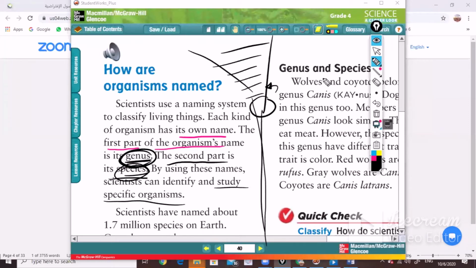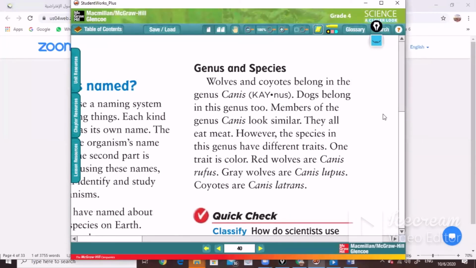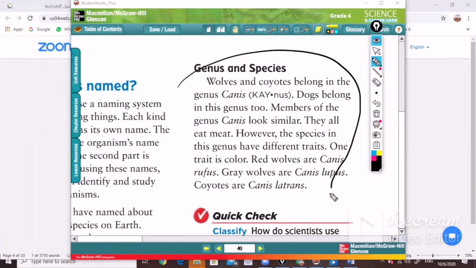Here he will give you an example of the organism. Look over: wolves, coyotes, and dogs. All of them are the same genus.